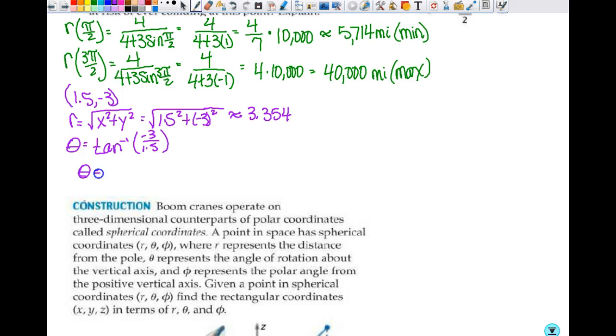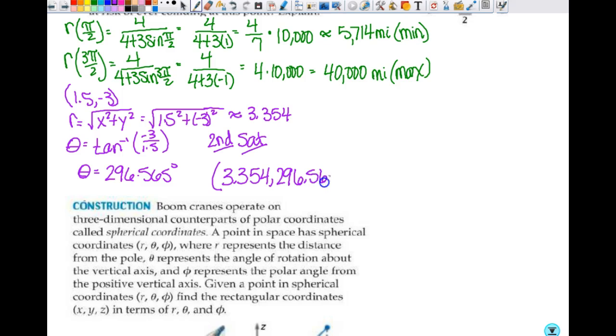So theta would be about 296.565 degrees. So that second satellite has a point of 3.354, 296.565 degrees. So there's the polar coordinates that it's talking about, saying that suppose the second satellite passes through this point.